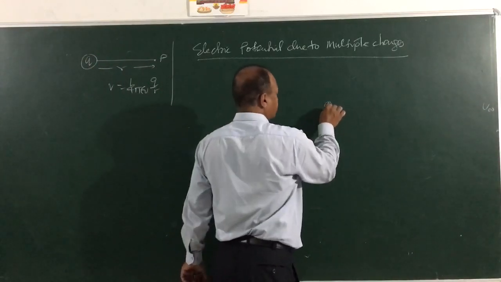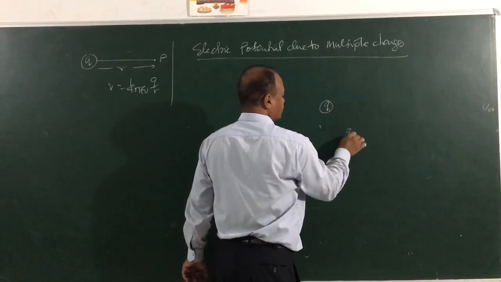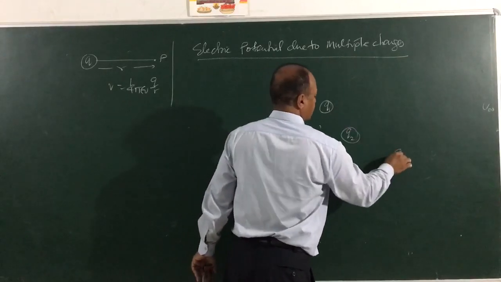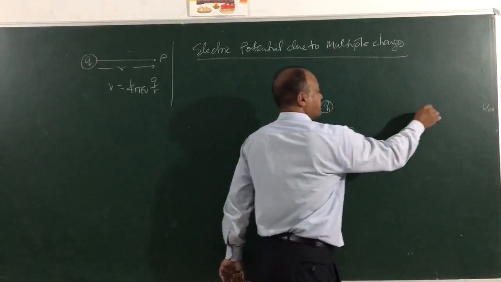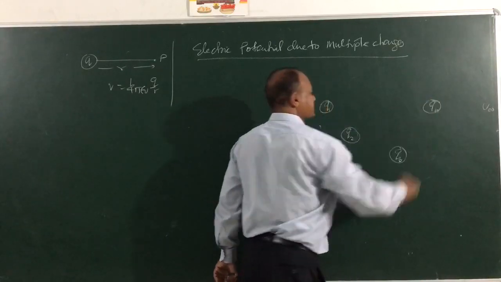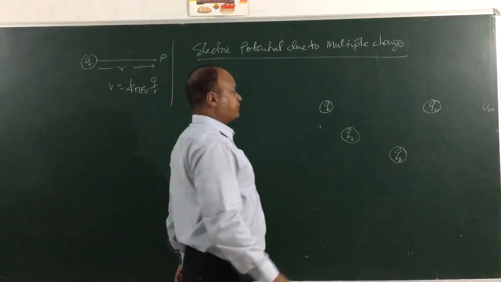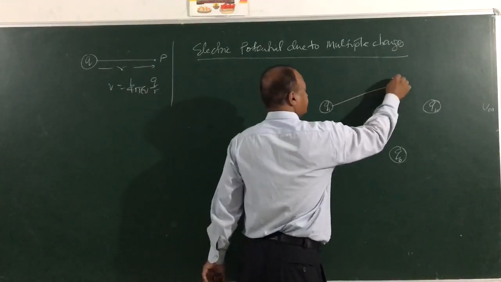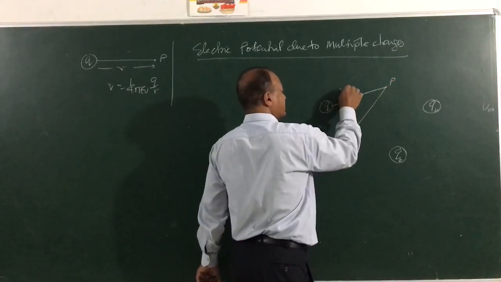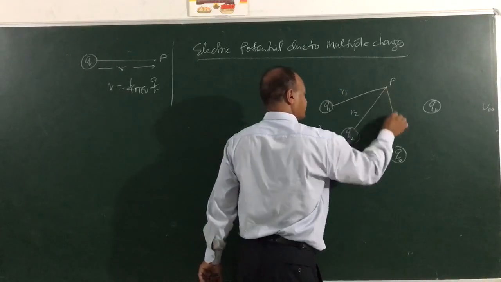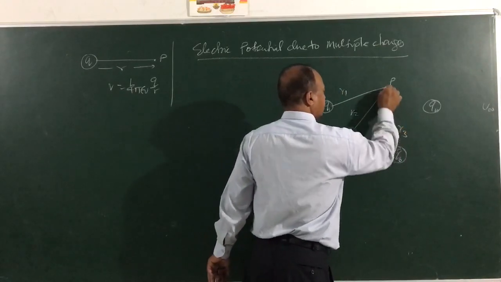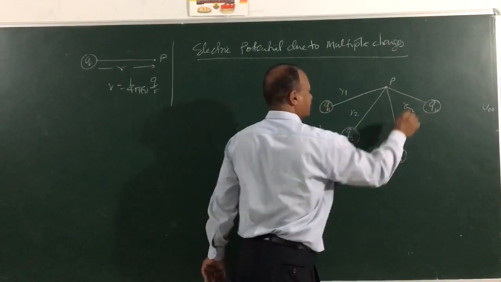Suppose I have charge Q1, charge Q2, charge Q3 and charge Qn. These are n charges. I want to estimate electric potential at a point P. Q1 is at distance r1, Q2 at r2, Q3 at r3 and Qn at what distance? rn.